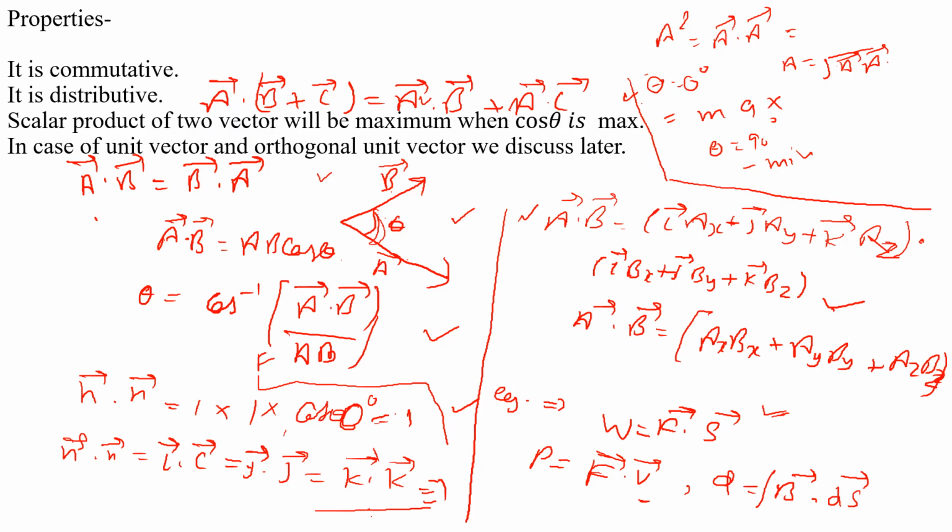We can also say current I is equal to the integration of j vector dot dS vector. We can also consider the potential energy of a dipole, U. These are some properties and examples of the scalar product of two vectors.